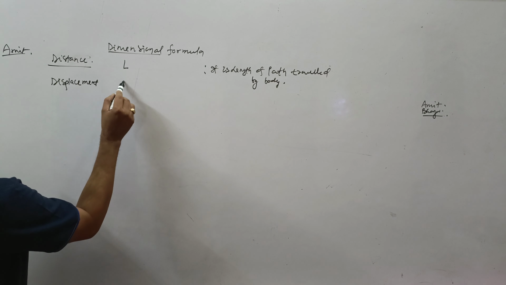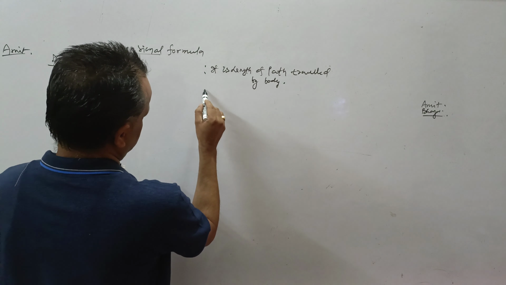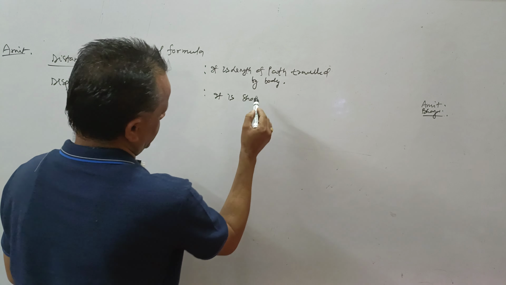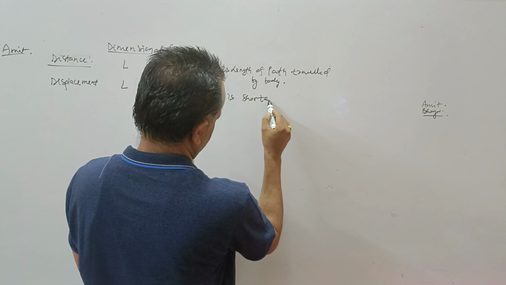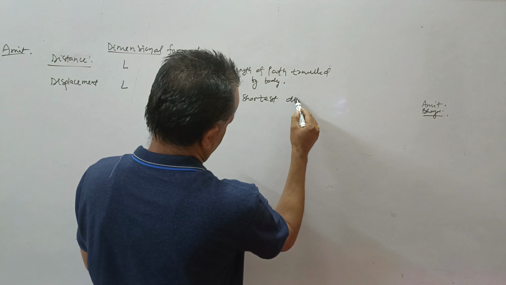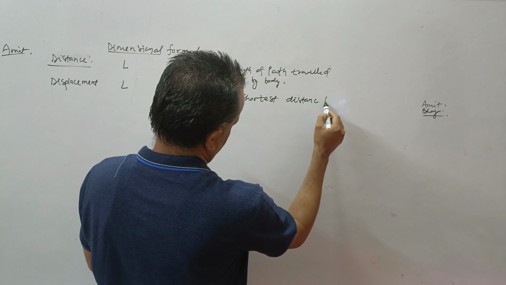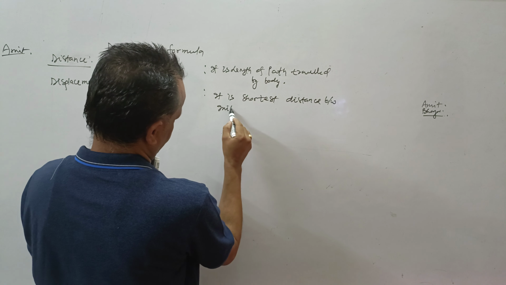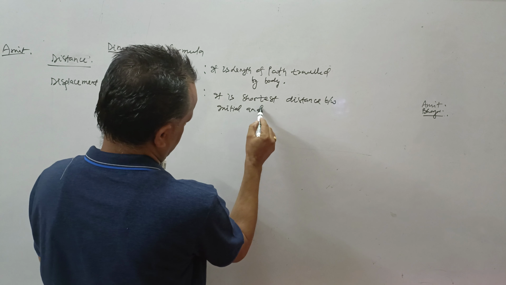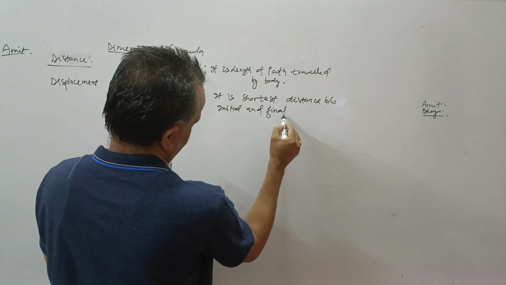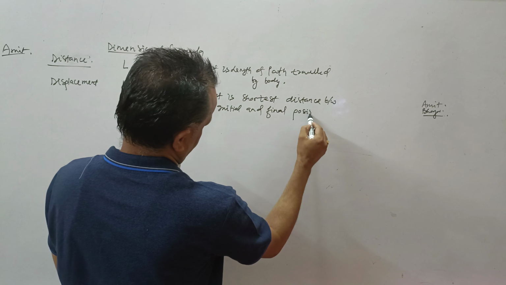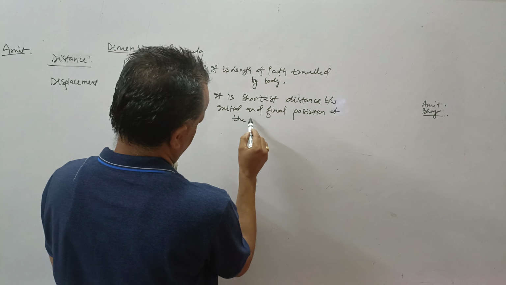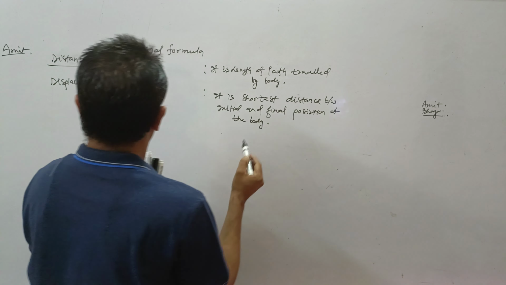Then we have displacement. Again, the dimensional formula will be L, and it is the shortest distance between the initial and final position of the body.